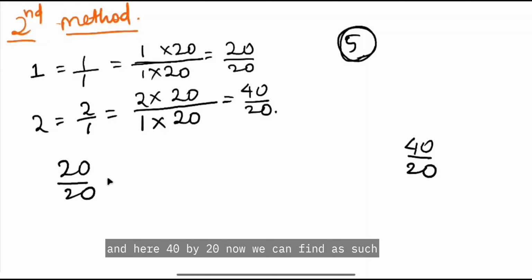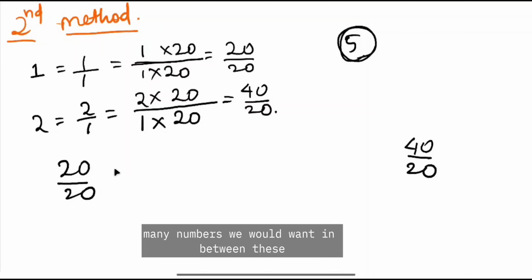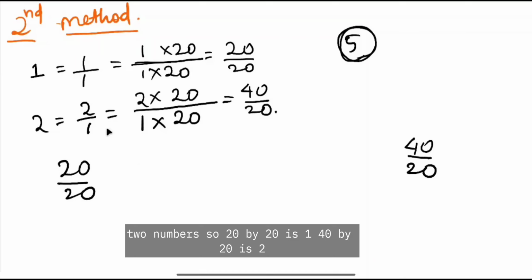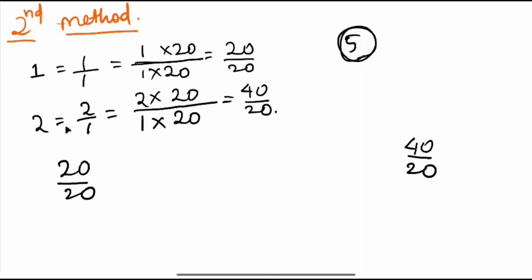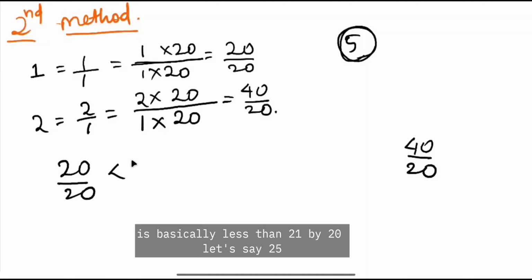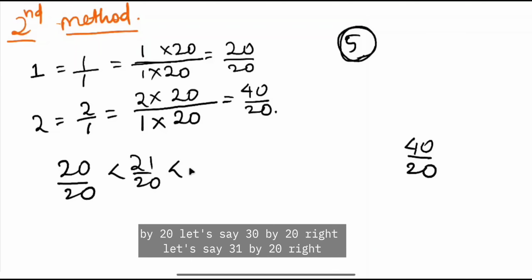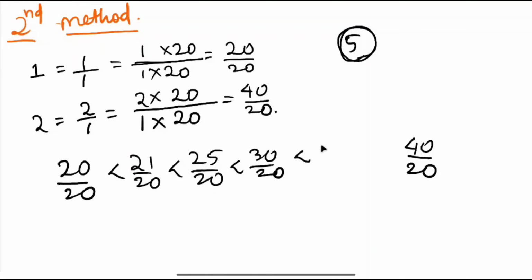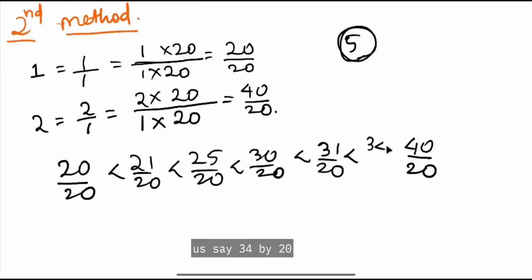Now we can find as many numbers as we want in between these two numbers. 20 by 20 is 1, 40 by 20 is 2. Now you can find any such number. 20 by 20 is less than 21 by 20. Let's say 25 by 20, 30 by 20, 31 by 20, 34 by 20.